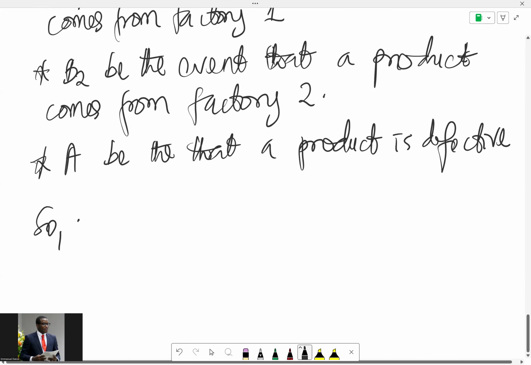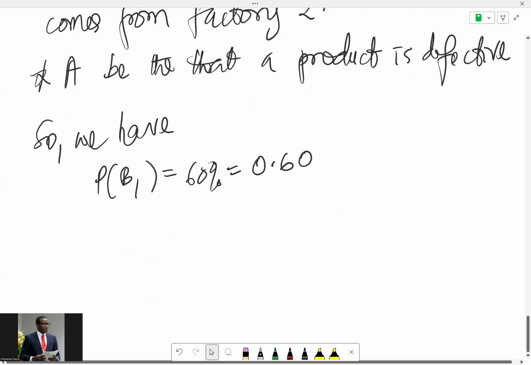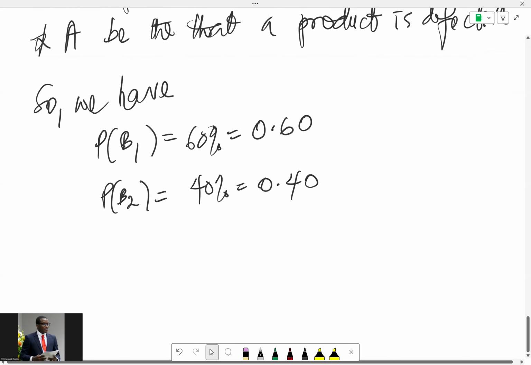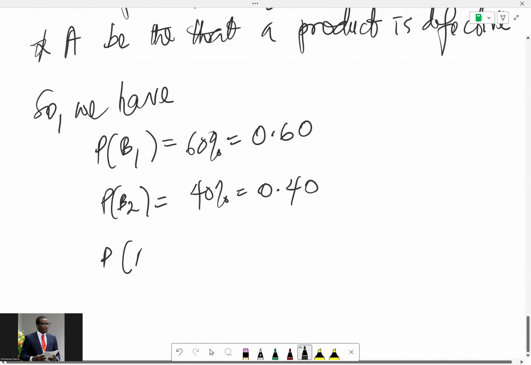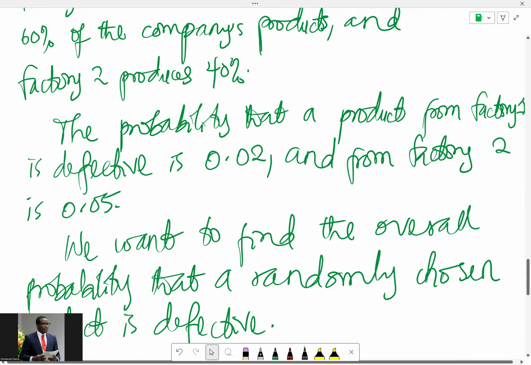So we have probability of B1, the probability that a product comes from factory 1. Factory 1 produces 60% of the products, so 60% is 0.60. Probability of B2, the probability that the product comes from factory 2, is 40%, which is 0.40. The probability that the product is defective, given that it comes from factory 1, is 0.02.